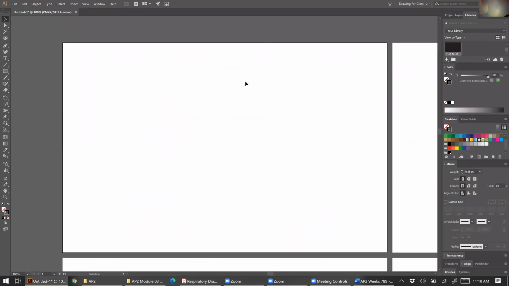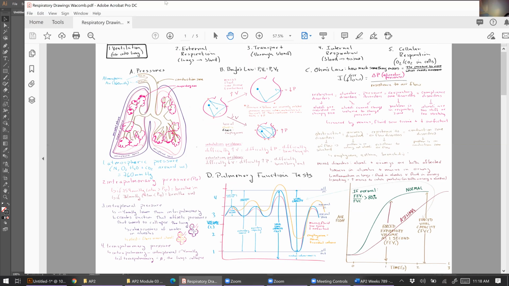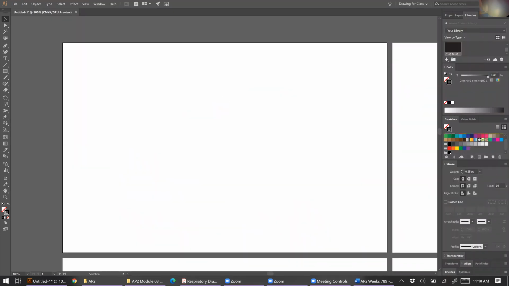All right, so I'm going to try and catch up with you by writing the steps across the top. I guess I kind of want to create a cheat sheet so I don't screw things up. Okay, so we're going to write ventilation as step 1.